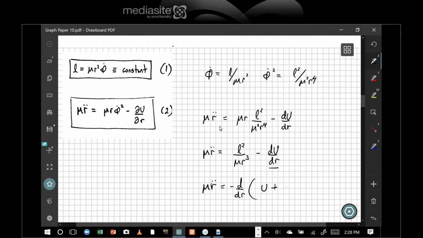So I'm going to factor out the d dr, so I have u of r, and then from this I can have plus L squared over 2 mu r squared. Now you can check that.